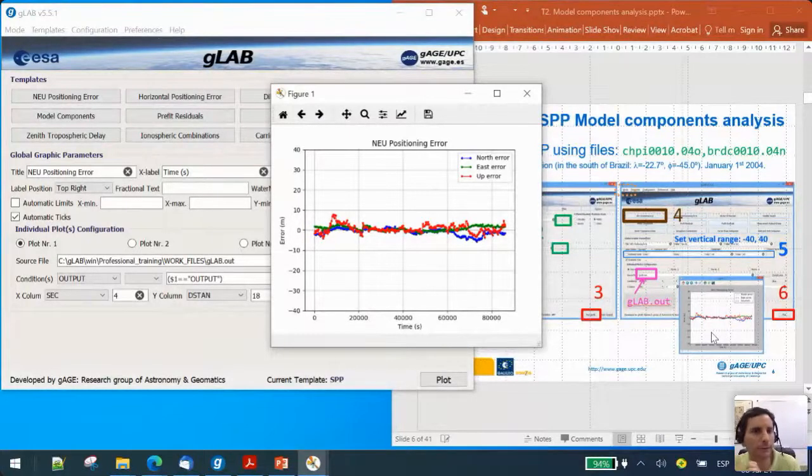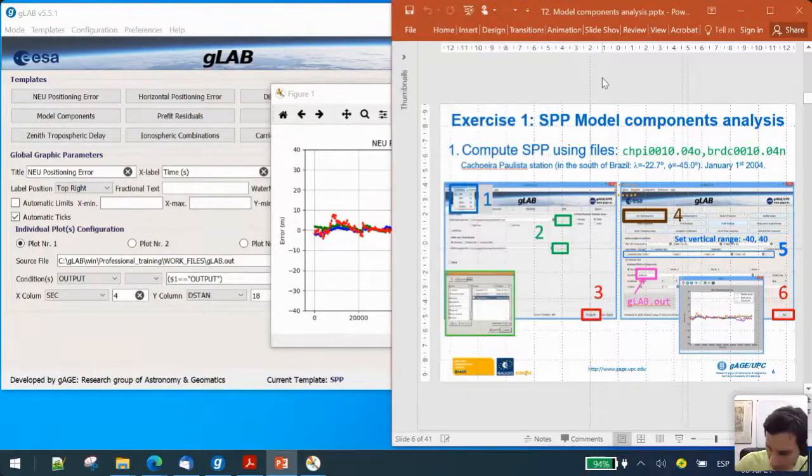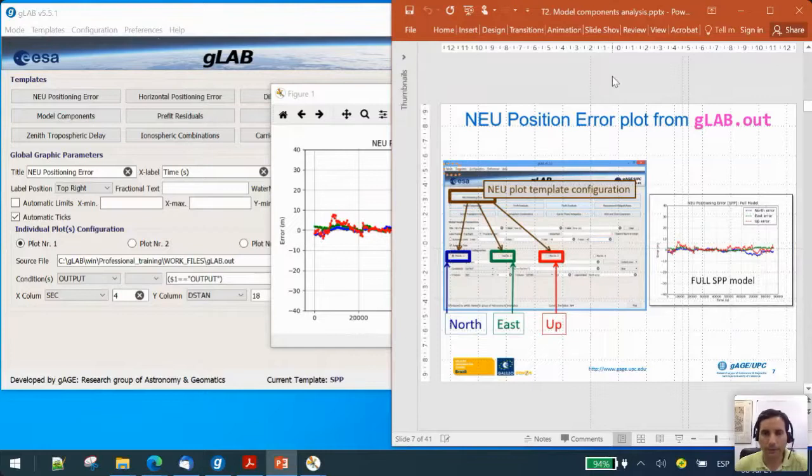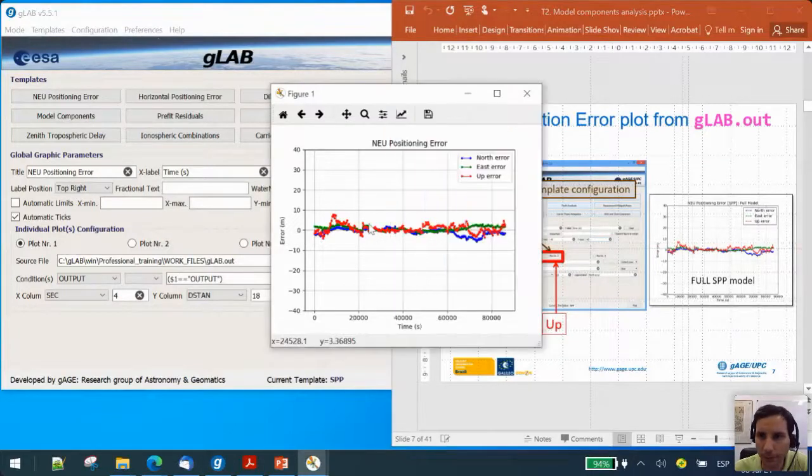And this is my first recommendation for the remainder of today's tutorial and tomorrow's tutorial. So always check the scales. Okay. And this is what we did. This is the plot that nicely agrees with the tutorial.